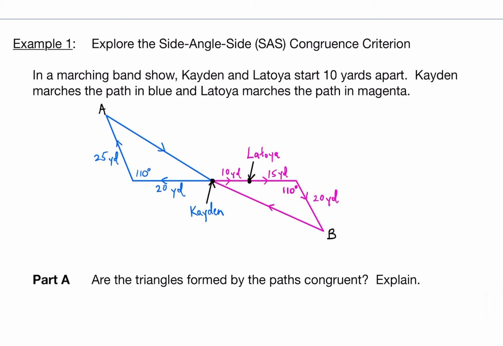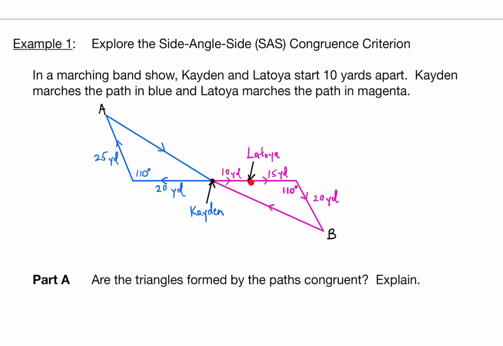In example 1, we're told that in a marching band, Caden and Latoya start 10 yards apart. Caden starts here, Latoya starts here. Caden marches the path in blue, so he goes 20 yards in this direction, and then at 110 degrees, he goes 25 yards in that direction, and then comes straight back to where he started.